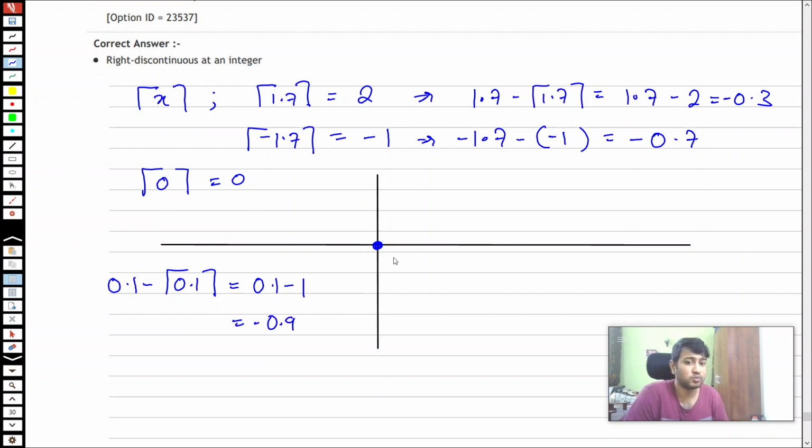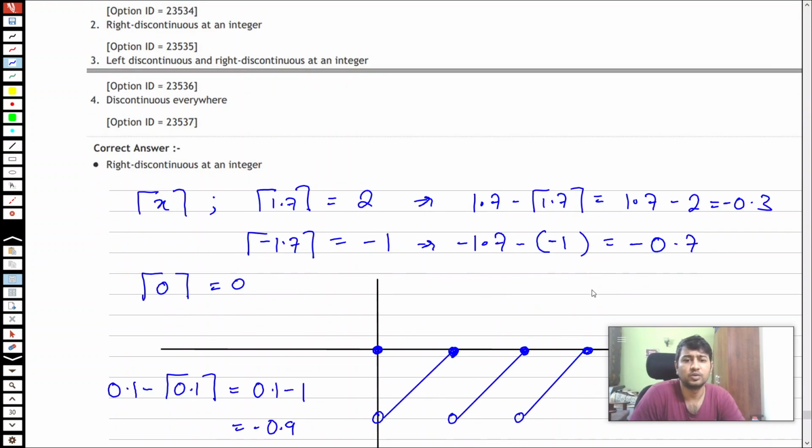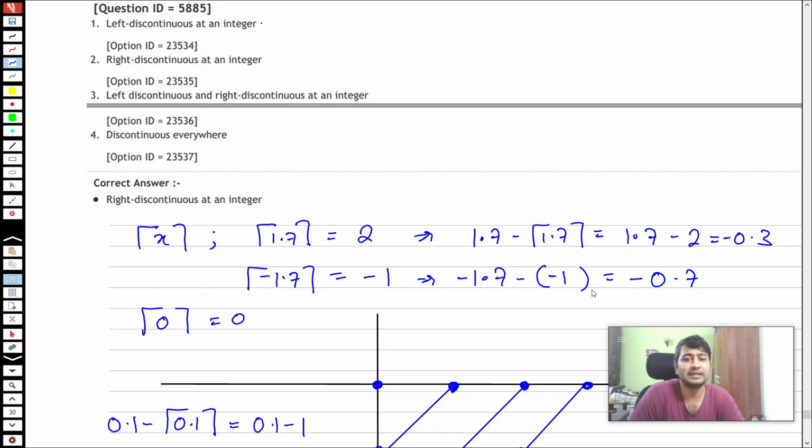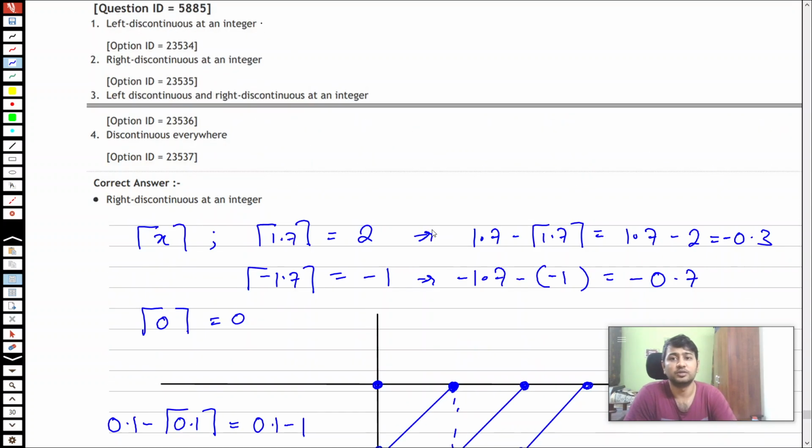As soon as you move to the right of 0, you drop down here, and then it goes on in this manner. So what we see is right discontinuity: it is continuous at any integer from the left, but it drops to the right, so it is right discontinuous at any integer value.